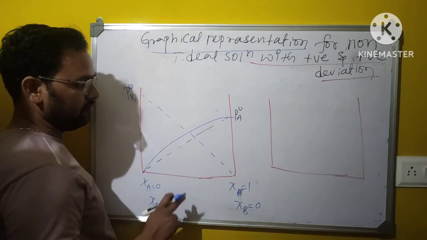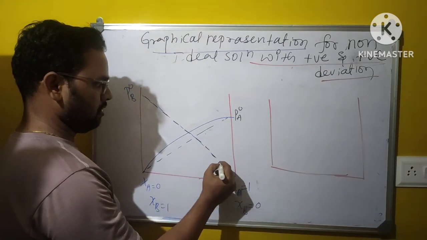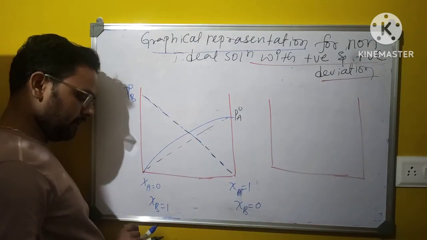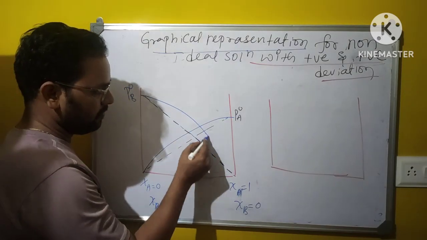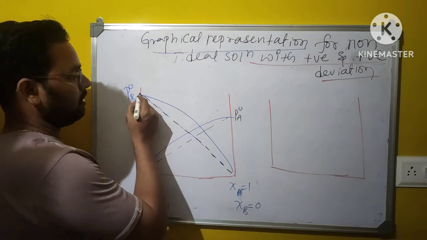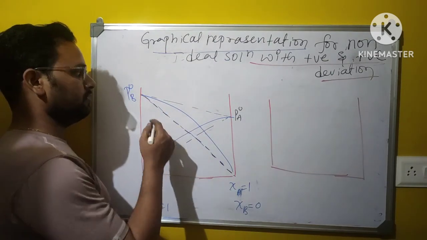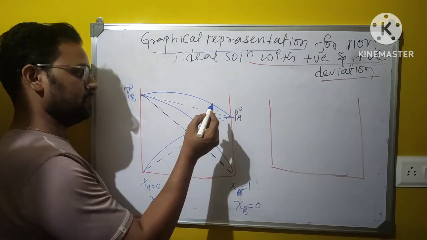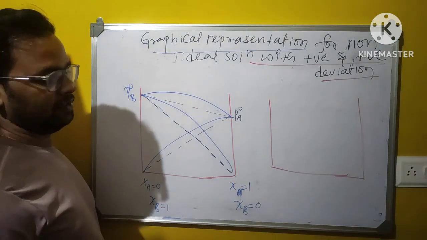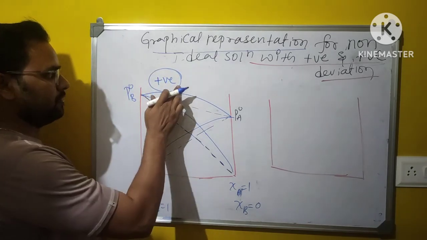The dotted line is for ideal solution. For non-ideal solution, the expected value, then total pressure, when you draw a dotted line, that is for ideal. For non-ideal solution with positive deviation, total pressure is also greater than expected. So this is positive deviation.